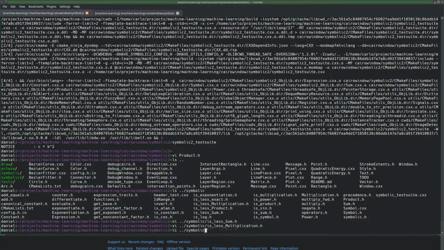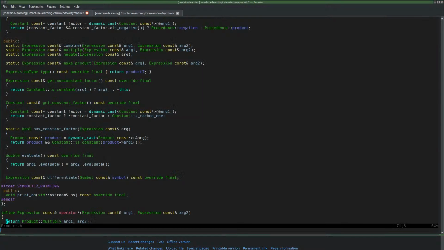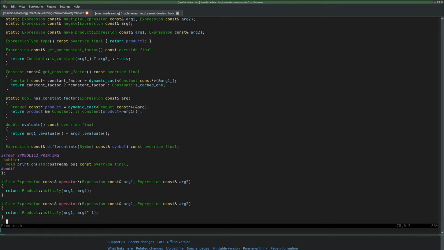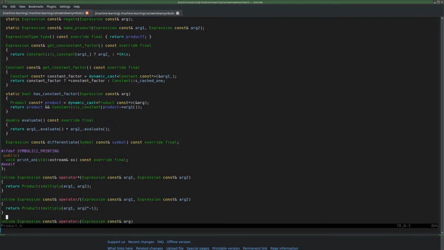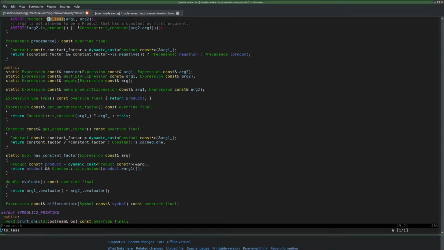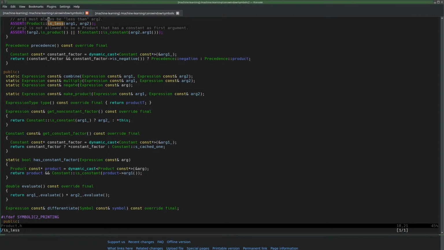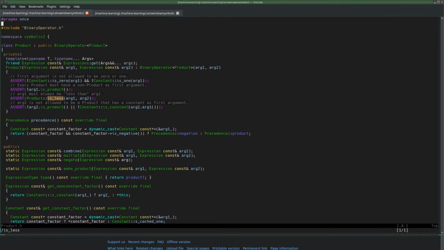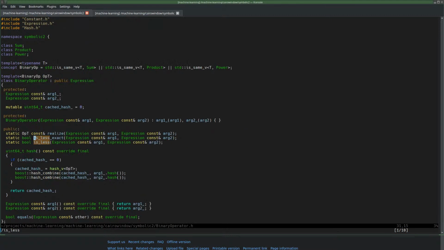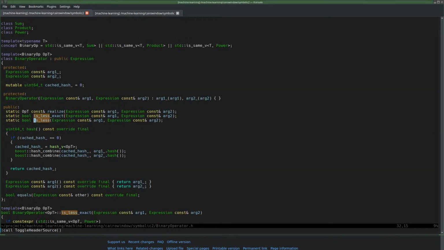Okay, let's try this again. Product is less. No, binary operator, sorry. Binary operator is less defined here, not defined here.